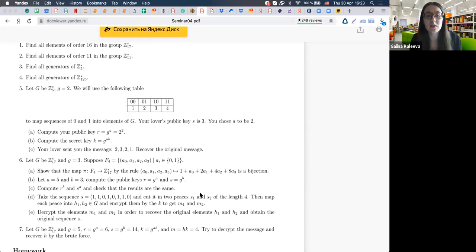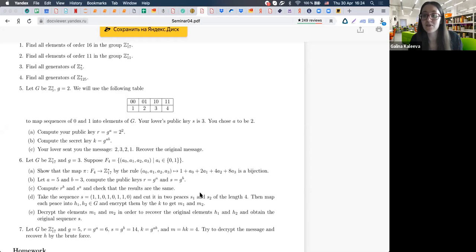It maps strings from F4 to natural numbers from 1 to 16, actually. And for every number from 1 to 16, we can find the string which was mapped to this number. So this mapping is surjective, and it's also injective.